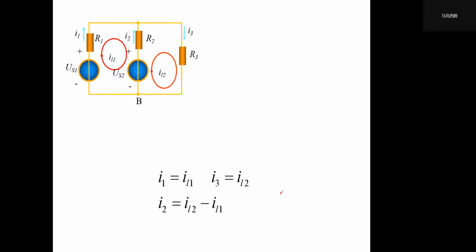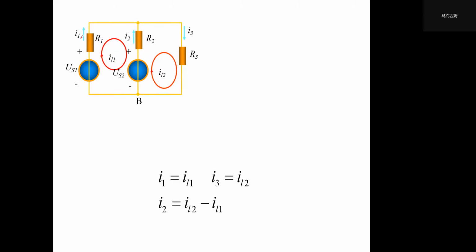For example, if we have this kind of circuit, you see we have 2 nodes, 3 branches, and we assume that there's a current IL1, I loop 1, circulating the first mesh clockwise, and we have an I loop 2, IL2, circling the second mesh. And we can use this method to represent all the 3 branch currents.